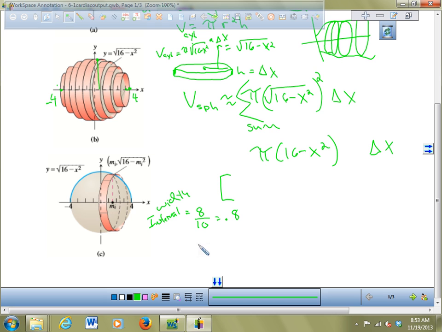Do you understand why that is? Because I want 10 midpoint rectangles. Okay? So now I'm going to take this outside, put the 0.8 out here, because I want to multiply it by the width at the end. That's like my delta x for each one.